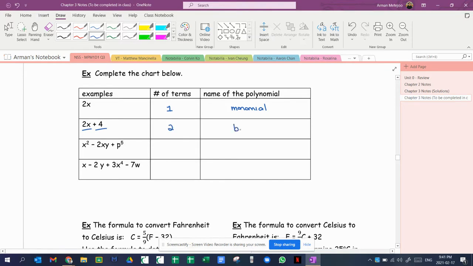And something with 2 terms, remember, is called a binomial. This one here has 3 terms. And you'll remember that something with 3 terms is called a trinomial. And this last one has 4 terms. And something with 4 or more terms was called a polynomial.